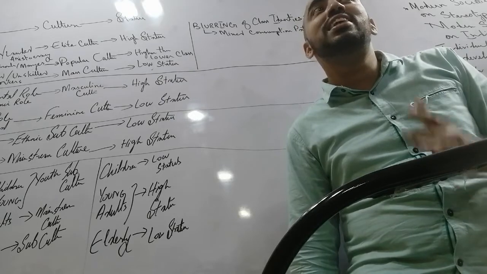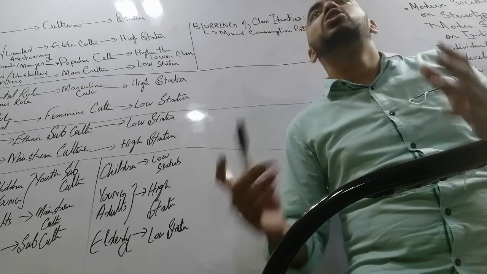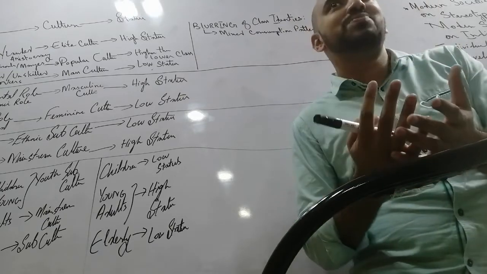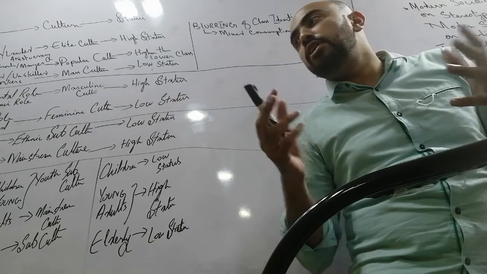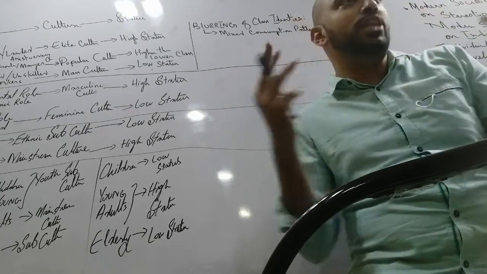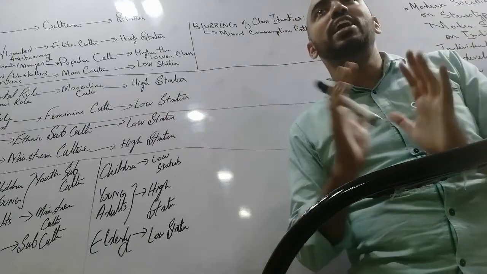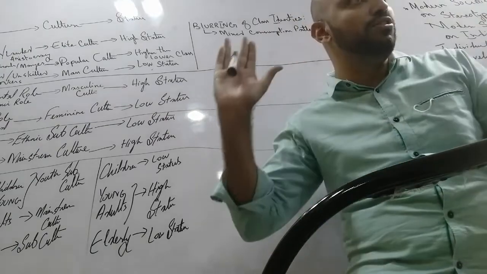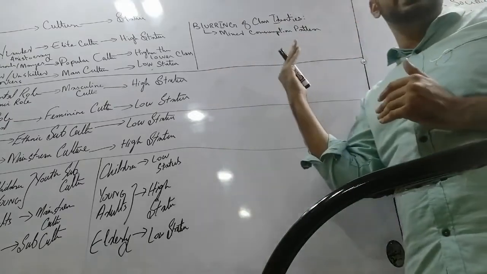Once there is a decrease in average cost, you can give this benefit to your customers, which results in affordability, and you are able to cater to the maximum audience. Which may result in what? The blurring of class identities.